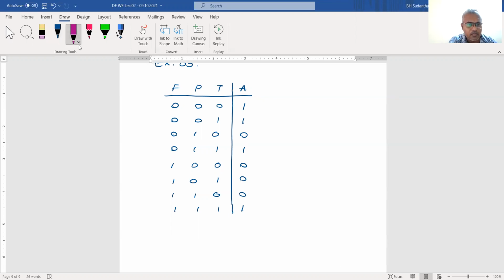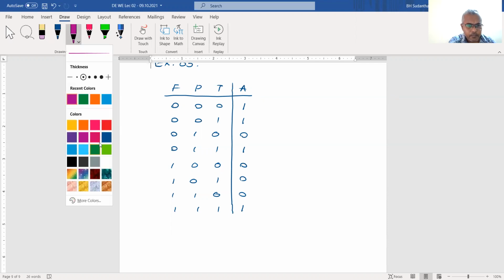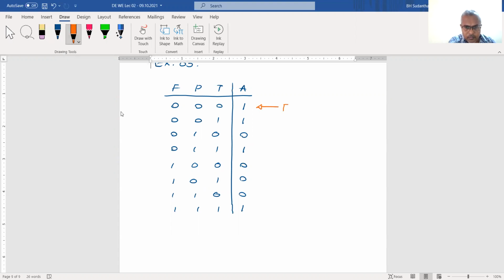Then we can convert this one into terms. This is F bar, P bar, T bar. This is F bar, P bar, T. This one is F bar, P, T. This is FPT.